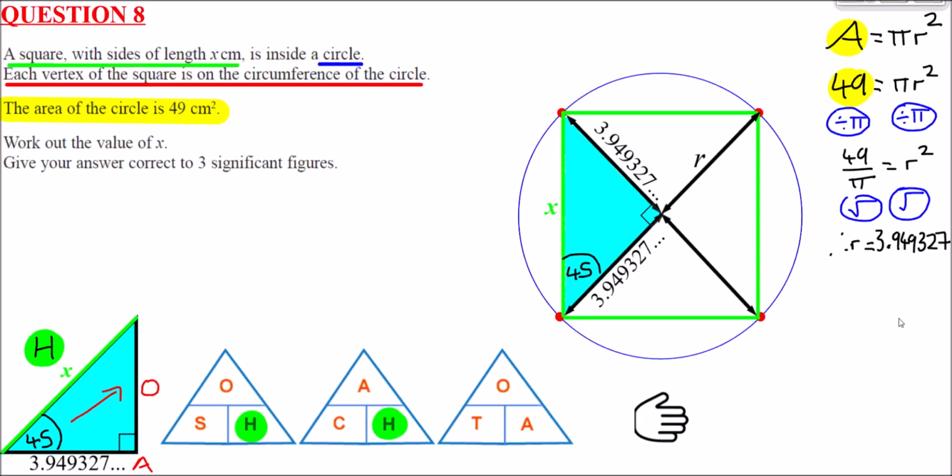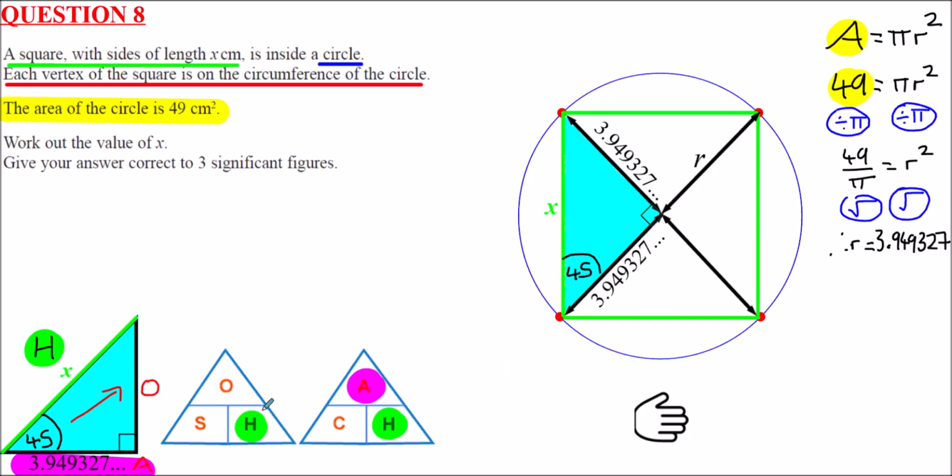As well as that, I do actually know the adjacent side, which is 3.949327, and a few bits more. So I know the adjacent, so I'm going to highlight the adjacent on these SOHCAHTOA triangles as well. Next, I pick whichever triangle is the most coloured in, the most useful. So CAH has two things highlighted, the others only have one, so for that reason I'm going to go for the CAH triangle.